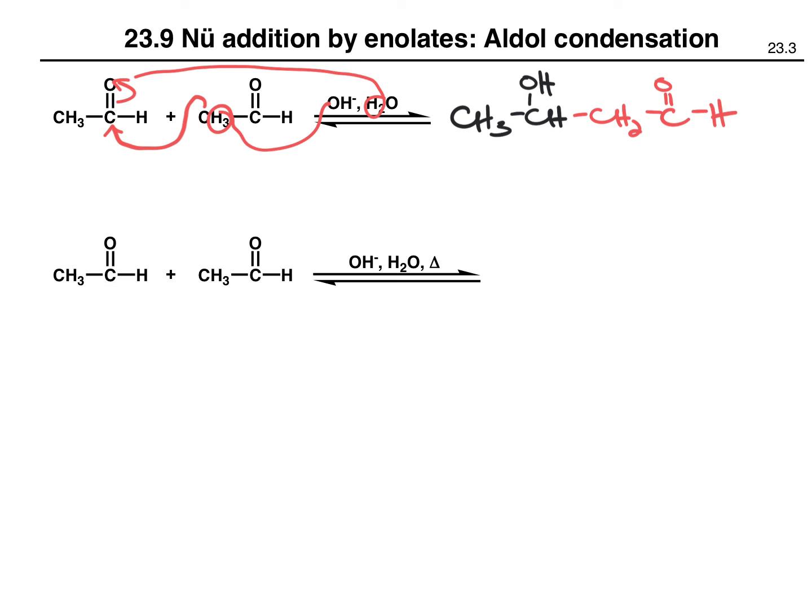On the previous slide, we said that we could take this product and heat it up in the presence of hydroxide. So that doesn't mean we have to carry out the aldol addition, isolate and purify our product, characterize it, get an NMR, and then we can set up another reaction. Instead, what we can do is carry out the aldol reaction under heat.